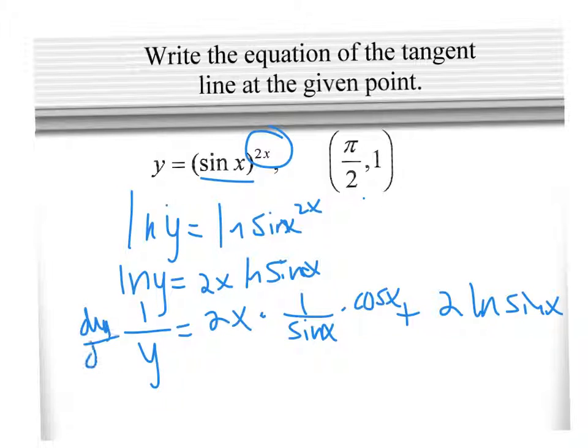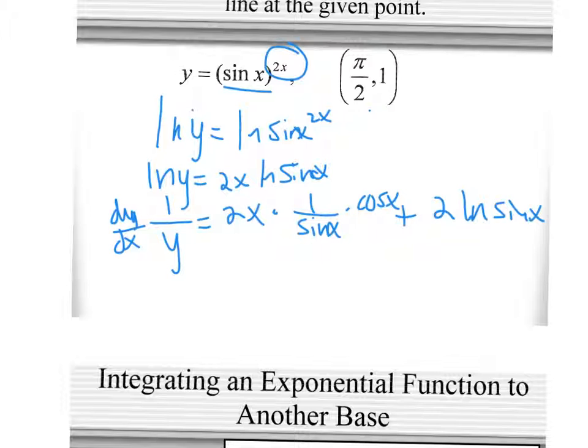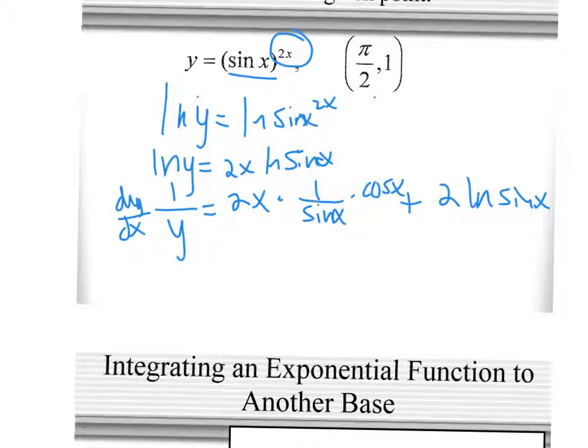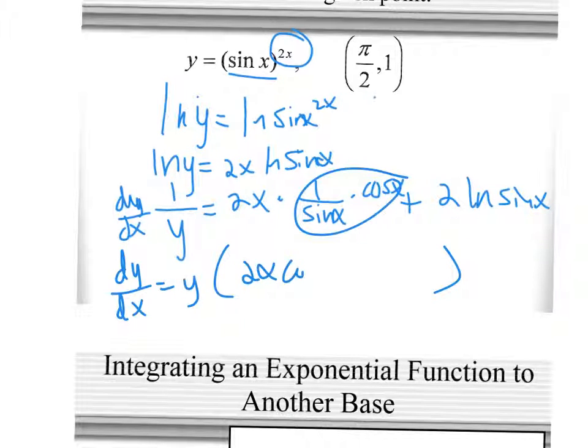Sorry. So then you have to multiply both sides by our y, same as before. So we have dy dx equals y times that whole big thing. So 2x times, this is really cotangent, so cotangent of x plus 2 ln of sine of x.